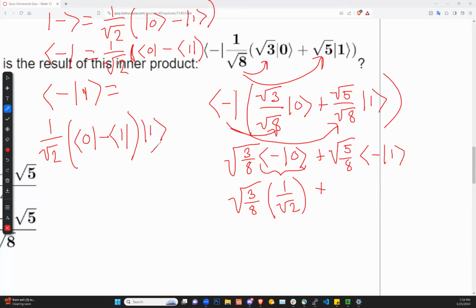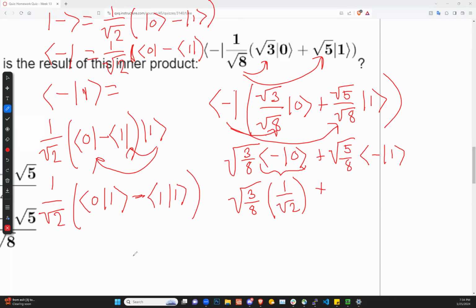So we will distribute again here, and we get 1 over the square root of 2 out front. We get the inner product between the 0 state and the 1 state from this here, minus the inner product between the 1 state and the 1 state. Again, we can simplify this. This is going to be 0, so we don't need to worry about it.